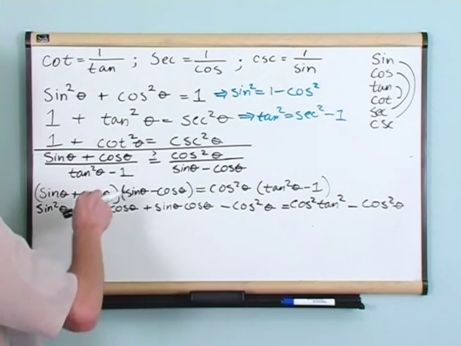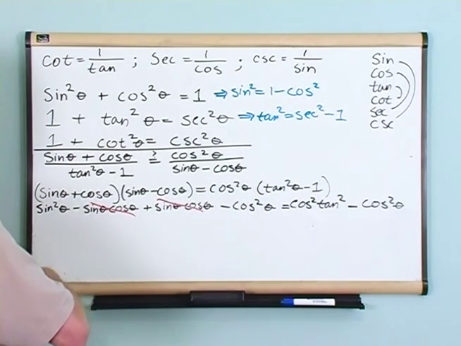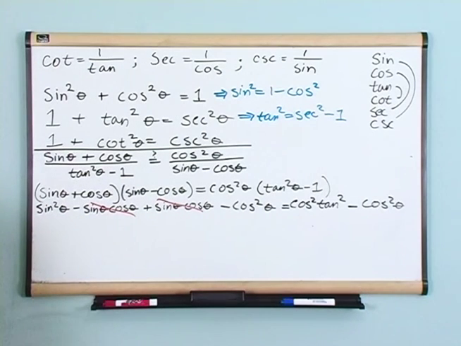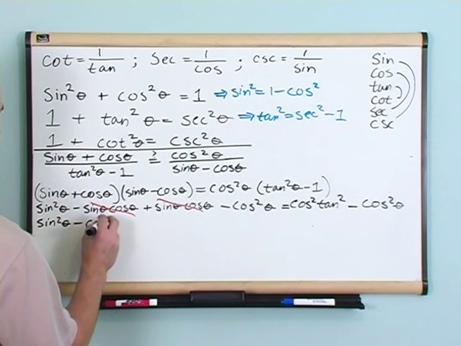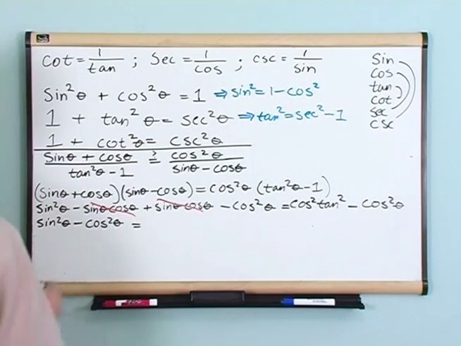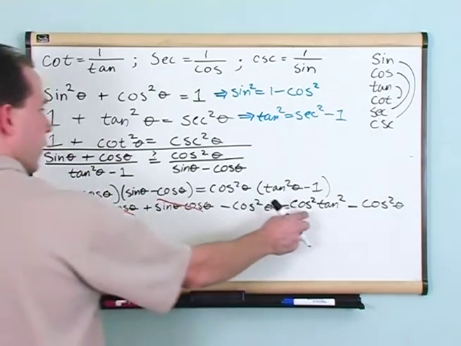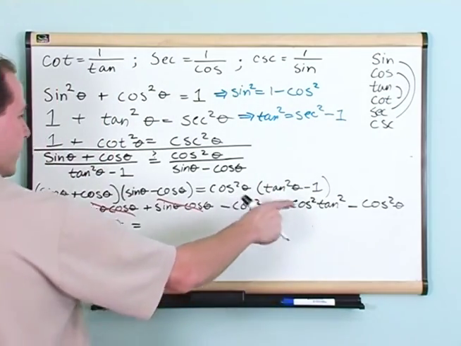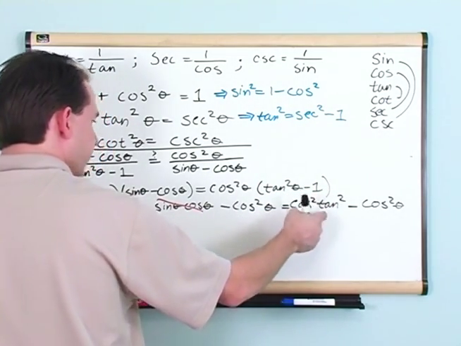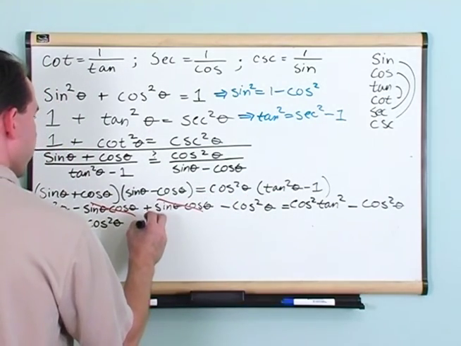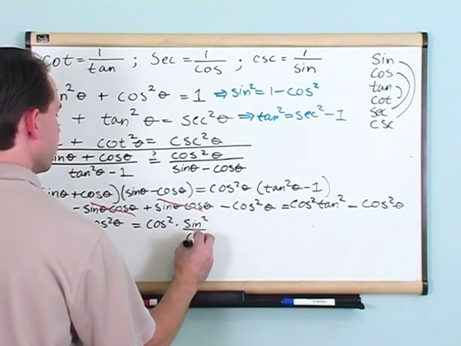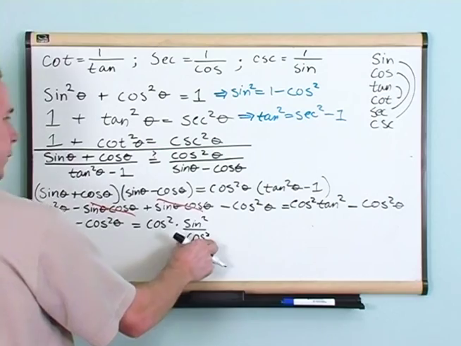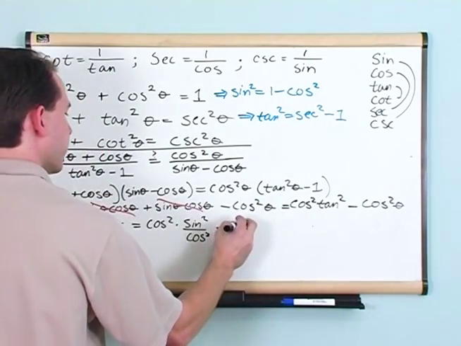Now let's go ahead and start simplifying. This is going to cancel with this, and that's going to start to look pretty good. So we have sine squared of theta minus cosine squared of theta equals cosine squared times tangent squared, but don't forget, I know that tangent is sine over cosine, so if I write this as sine over cosine, I'll have cosine squared times sine squared over cosine squared, minus this final term, cosine squared.